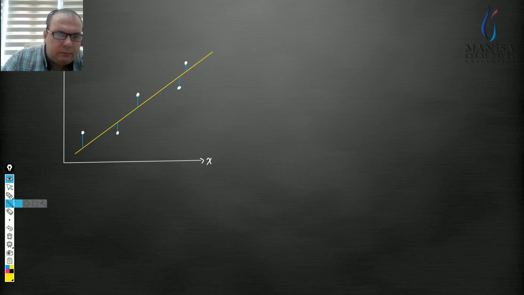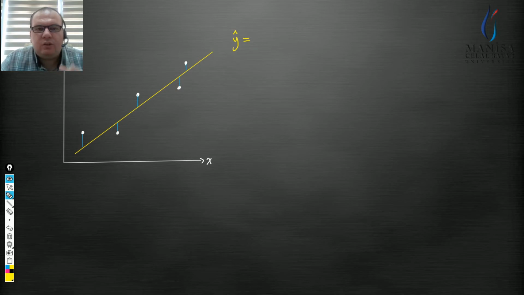This line can be described by a line equation which we call y hat, and this is the predicted values for the y data points. We can write this line equation by using b0 and b1 as constants: b0 plus b1 times x, right?